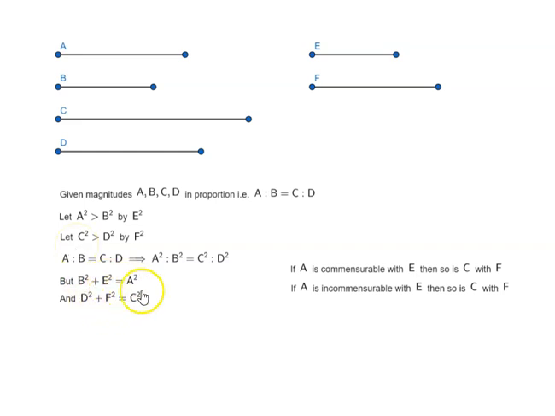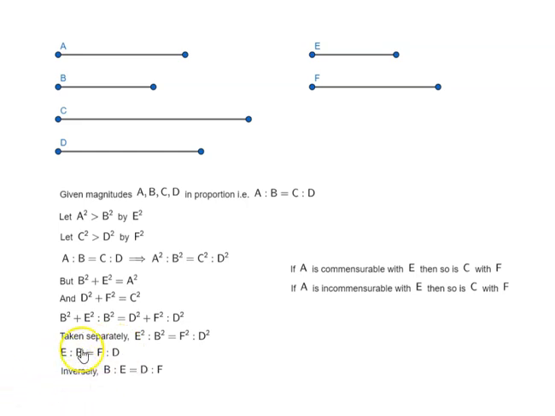Now we substitute A square and C square with this. We get B square plus E square is to B square is equal to D square plus F square is to D square. So we have substituted A square and C square with these two. This is the sum, this is the sum. So taken separately, we can write it as E square is to B square is equal to F square is to D square, and which means E is to B is equal to F is to D. Now let's invert it.